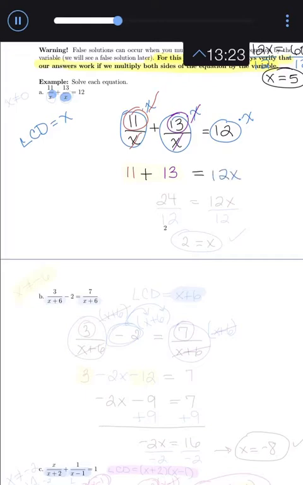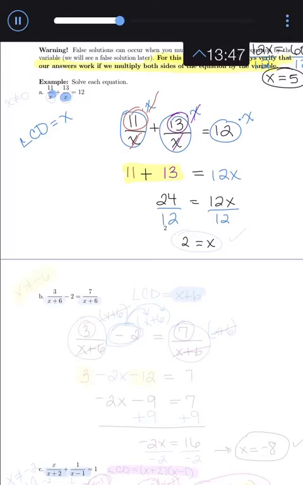You can go ahead and combine your like terms. You have an 11 and a 13, which added together will give you 24 equals 12x. To solve this, you're going to divide both sides by 12, and you get x equals 2.